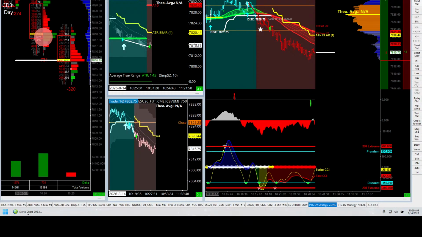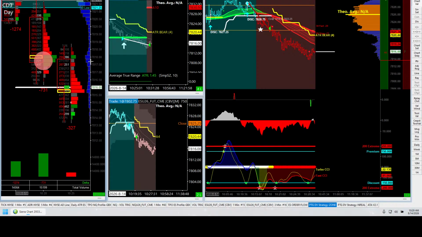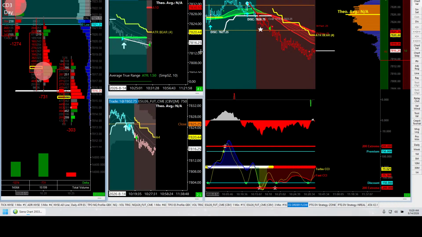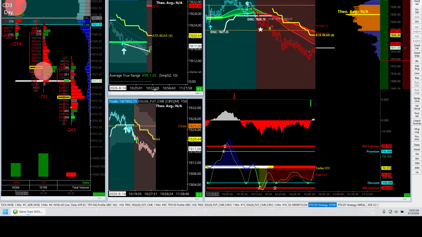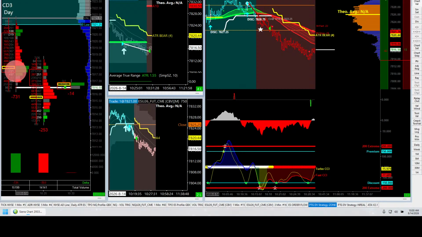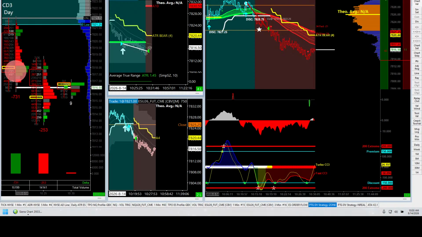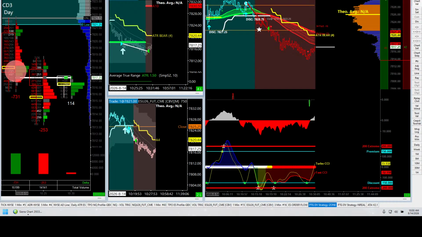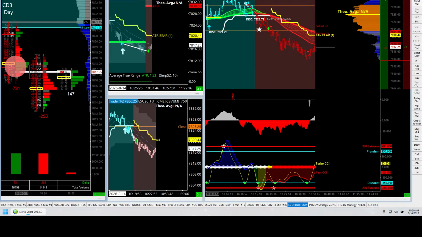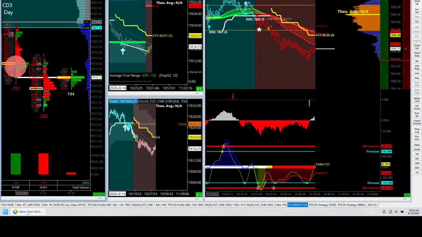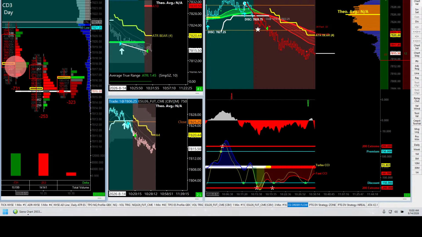All right, we expected that. I mean, we could just see it. ES bear stacker. All right, down to the 14s again. What's our line in the sand today of the 10s?